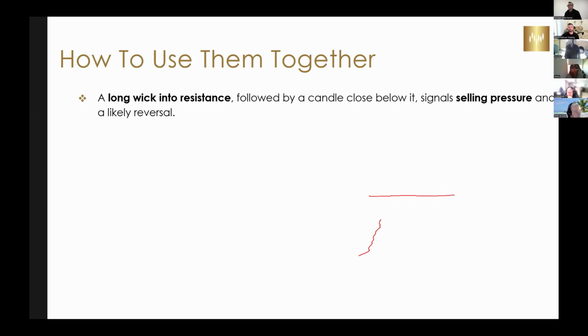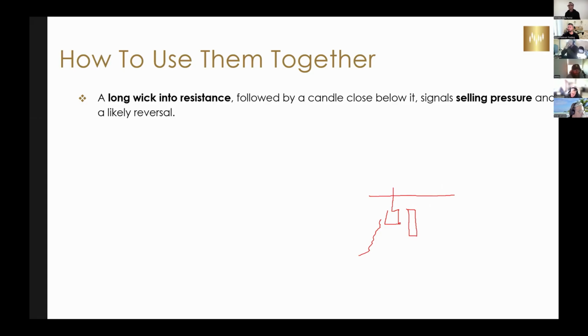You have a candle that hasn't quite touched the level of resistance, but you've got a nice long wick in here, and then followed by a candle that closes beneath it or below it. That will signal selling pressure and a likely reversal.